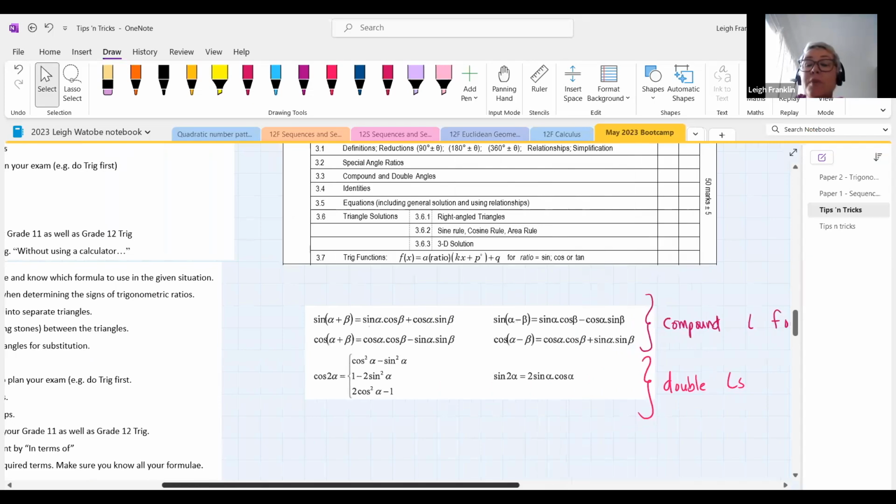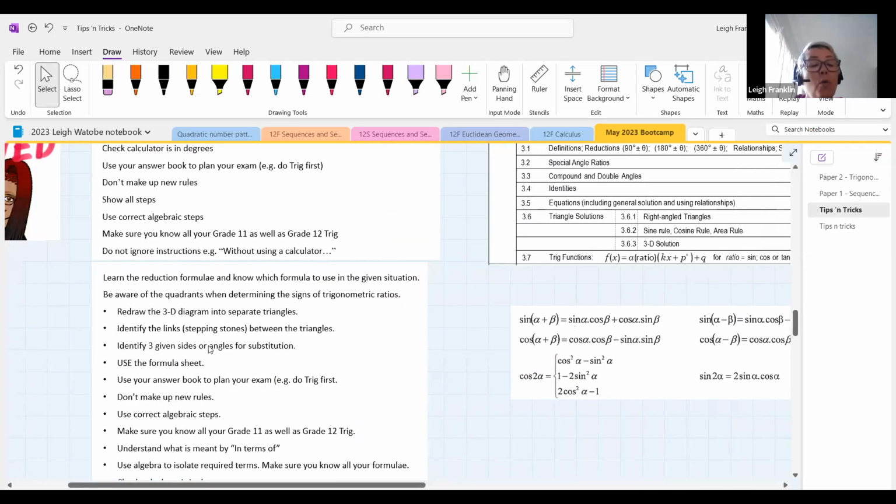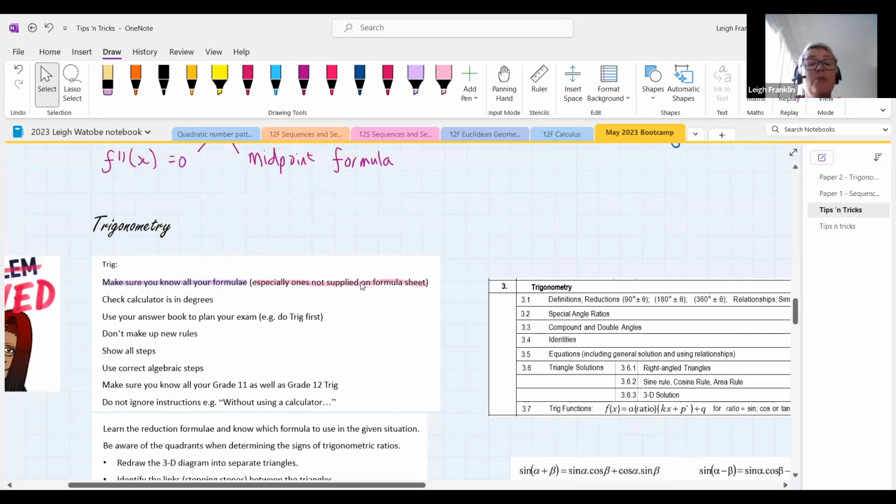Right. So if we give us our compound angle formula and our double angles, which rules am I referring to that are the ones that are not supplied on your formula sheet? What are we talking about specifically here? What formula am I referring to?